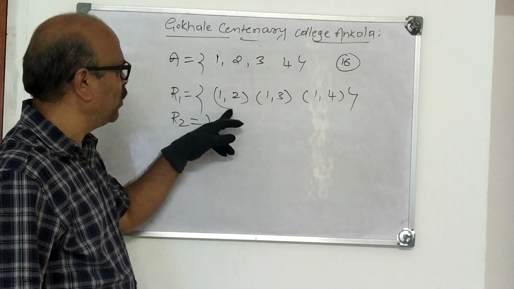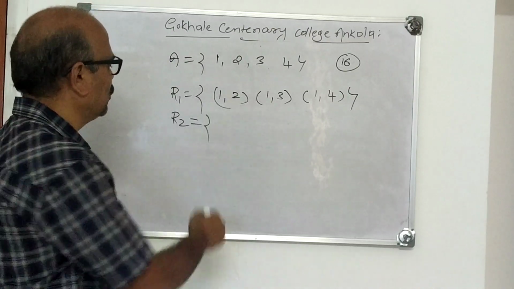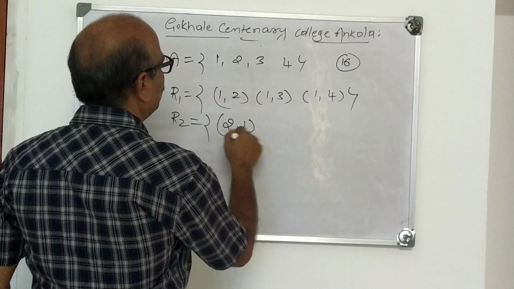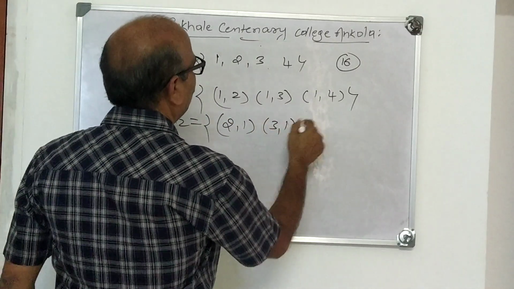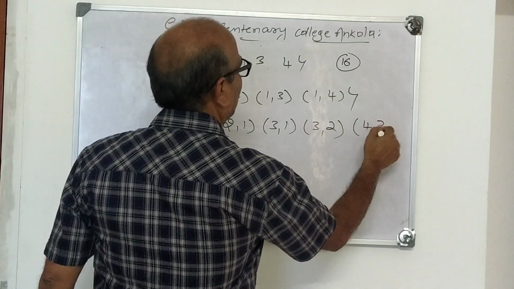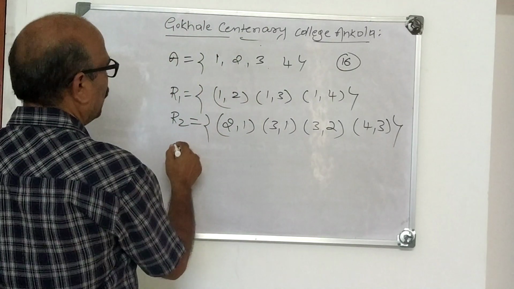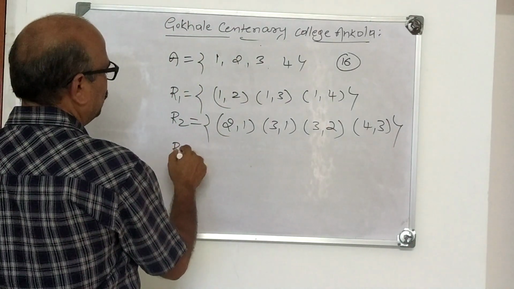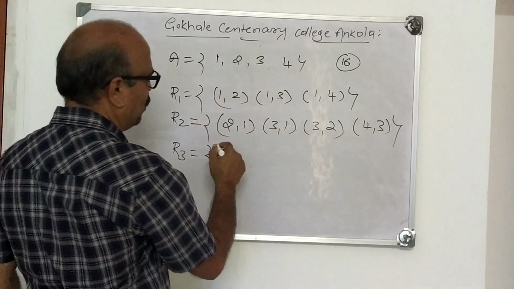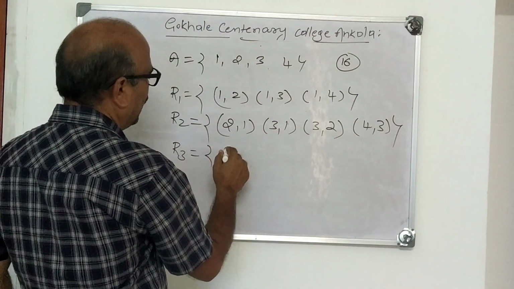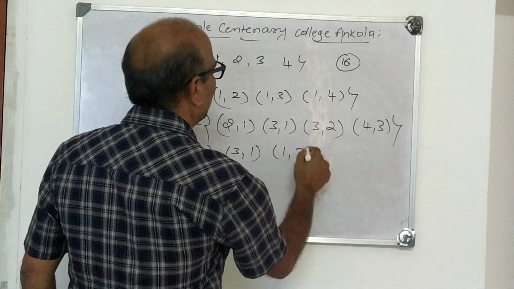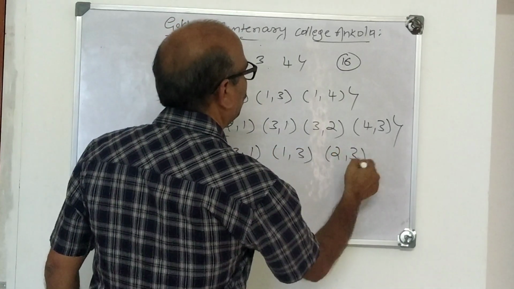I have taken only one subset of A cross A. The second subset I take like this: (2,1), (3,1), (3,2), (4,3), because it is a subset of A cross A. R3 is, suppose, (3,1), (1,3), (2,3).